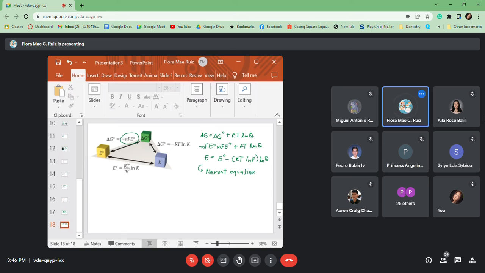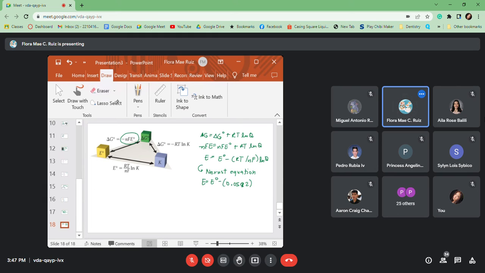And using thermodynamic temperature, if we substitute our constants, our gas constant R and F, your E is now equal to E standard minus 0.0592 over n log Q.